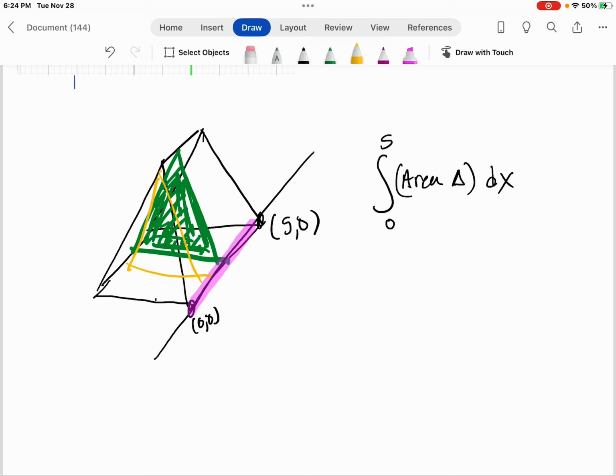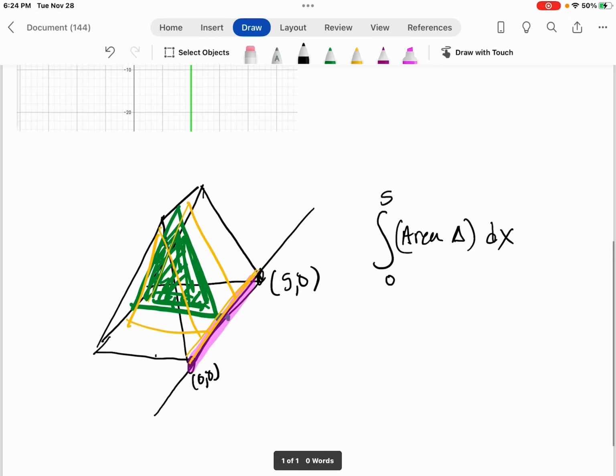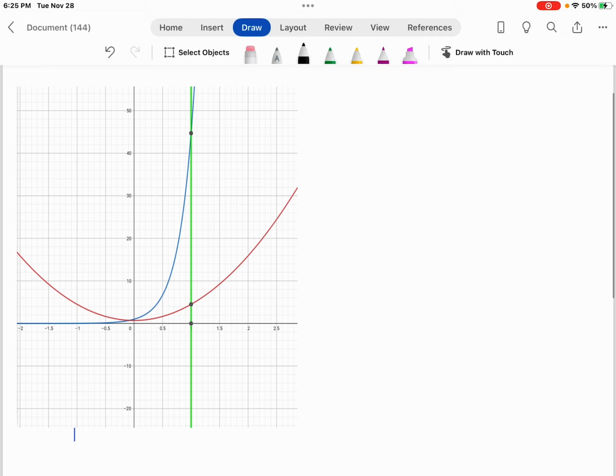So if you imagine that you keep adding in all these slices, jamming in as many as you can from here to here, that's all the areas added up, and that will give you your volume. We're going to do the same idea here, it's just that it's kind of an irregular shape.